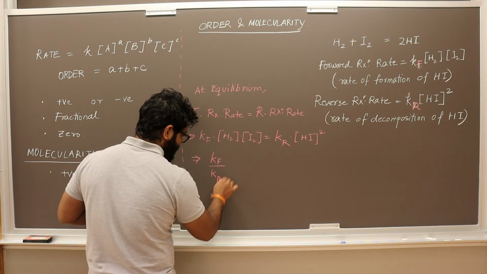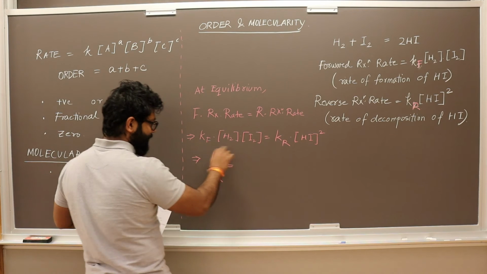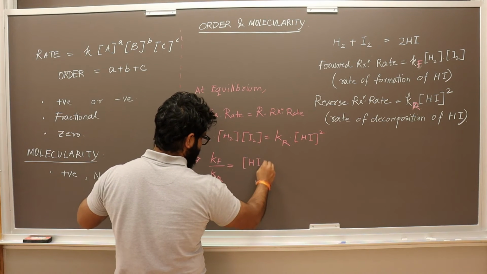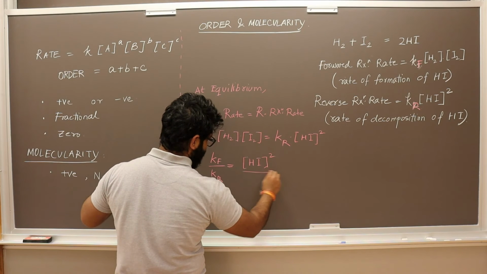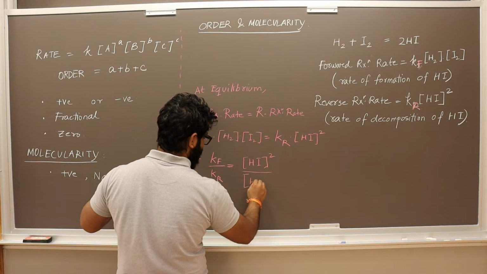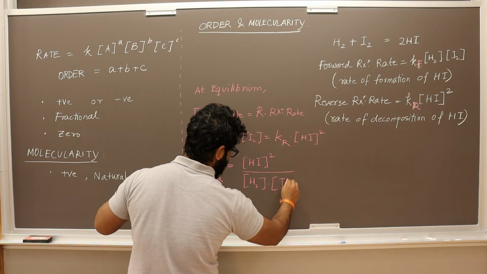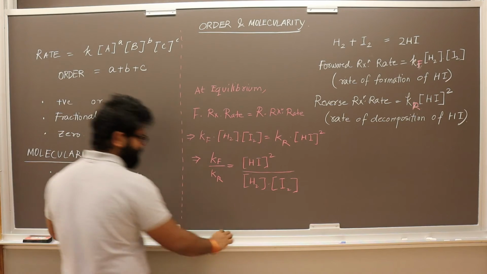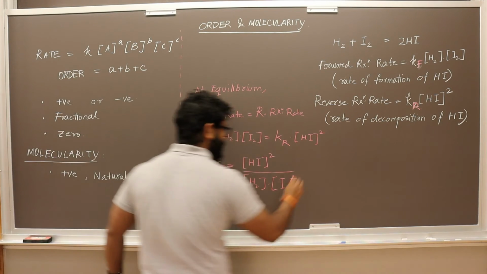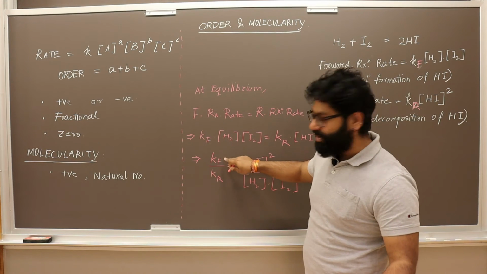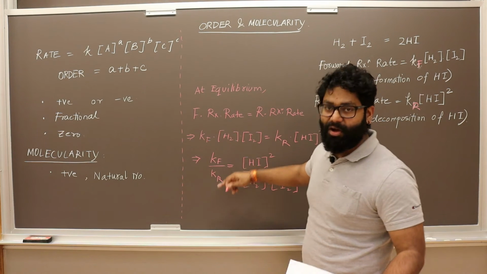So Kf by Kr becomes equal to HI squared over H2 times I2, right? Now I call this a fixed ratio, because Kf is a fixed number, a constant, and Kr is a constant.